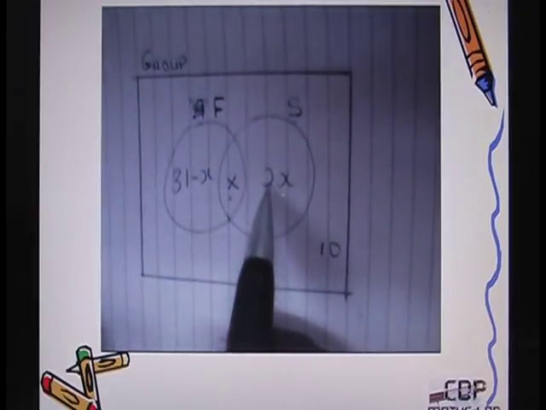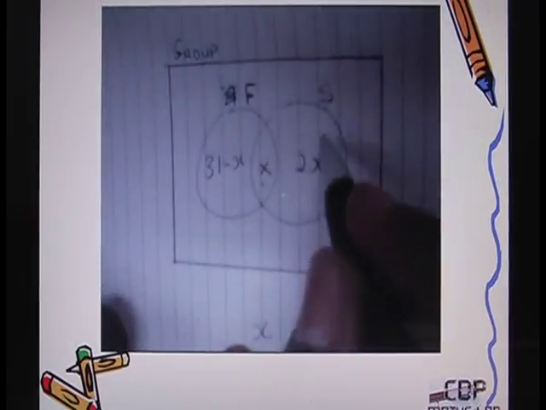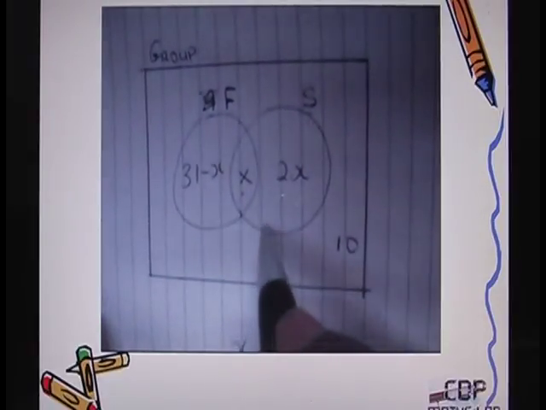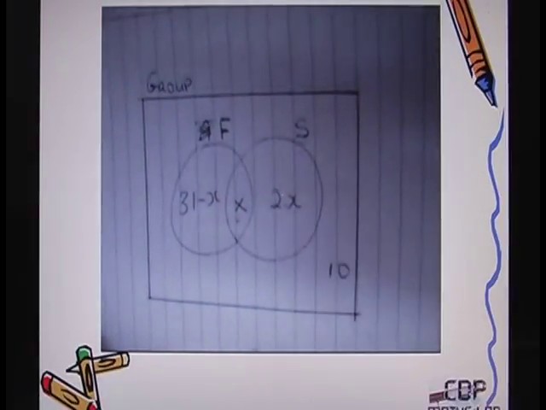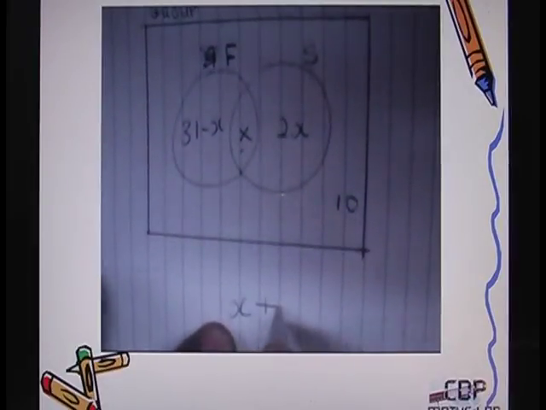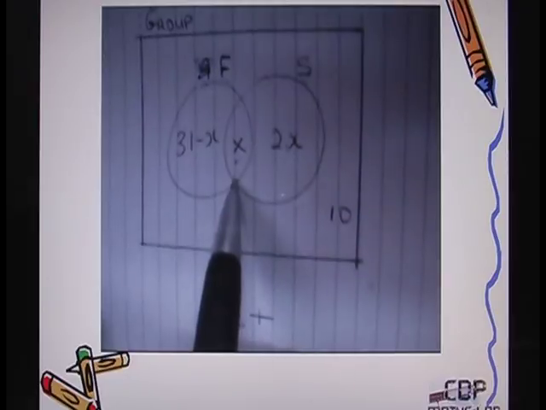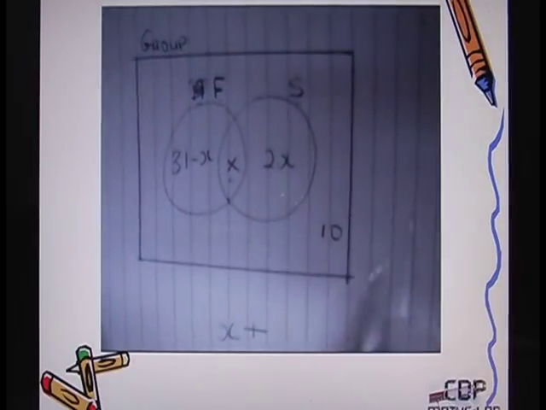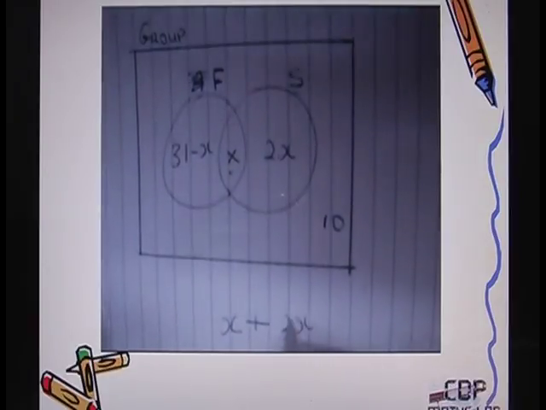So 2 times X, this region here, is those students who pass only Spanish. But to get the total number of students who pass Spanish, we have to add those who pass both French and Spanish with those who pass only Spanish.